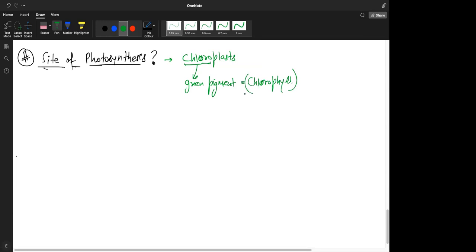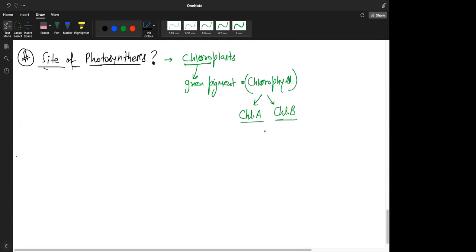Now, how many types of chlorophylls are there in the cell? There are two chlorophylls, chlorophyll A and chlorophyll B. We'll talk about it later, but just remember this here.